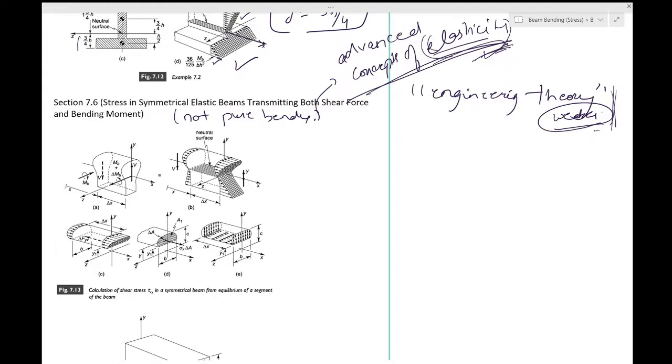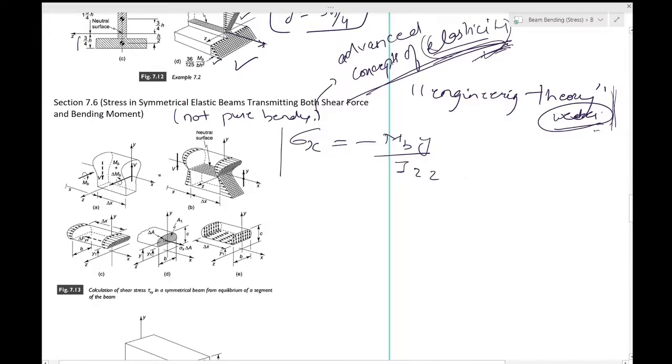So let's see how we can develop this theory. To develop this engineering theory, we make the assumption that the bending stress distribution 7.16, sigma x is minus MB y by Izz, is valid.